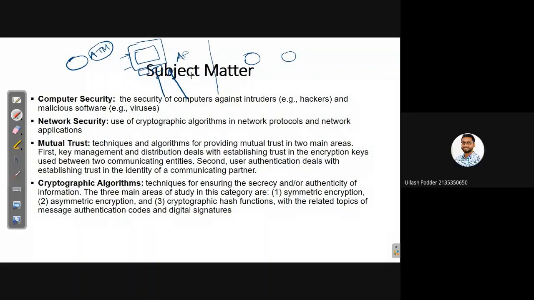Right, sir. So the trust can be mutual, or both-way trust. For example, if you are two friends, you don't need to authenticate each other, right? Because you know each other for the last couple of years, so you don't need to produce anything to make a transaction.